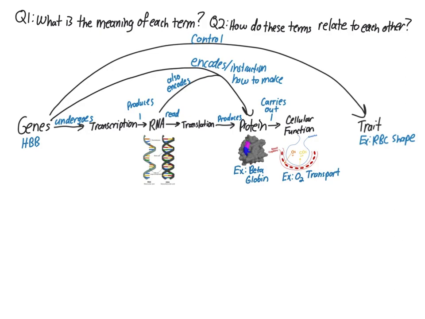Now, a protein's function, in addition to acting at the cellular level, can also control a trait. And a trait is just an observable characteristic of an organism. And we said before that an example of a trait is red blood cell shape, but other traits that might be easier to think about include something like height, hair color, as we saw in the previous video, as well as eye color.